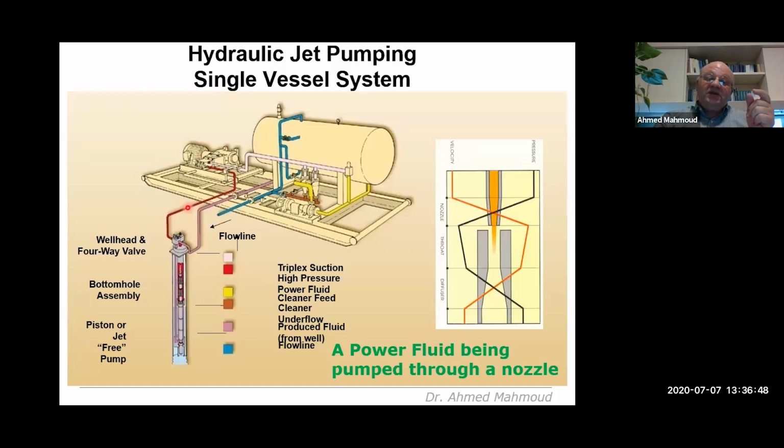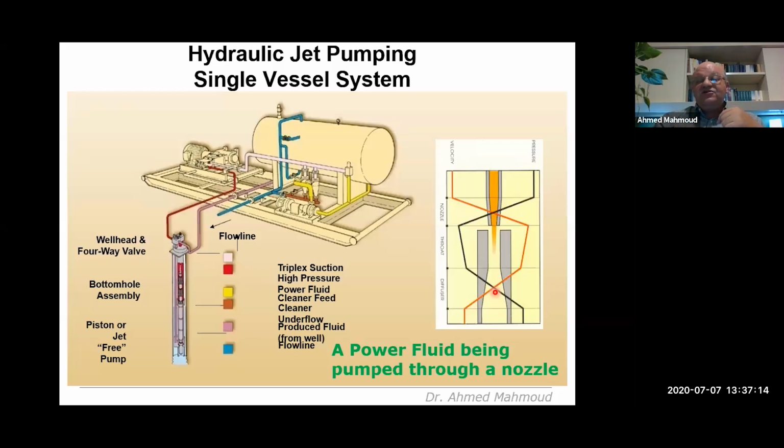And this power fluid, as it moves downhole, in this magnification of the downhole scenario, okay, it passes through a nozzle and then from a nozzle into a diffuser and a throat. And this throat diffuser is actually going to compensate instead of high pressure, low velocity, it will at the end give you something which is a little bit less pressure but a little bit higher velocity.